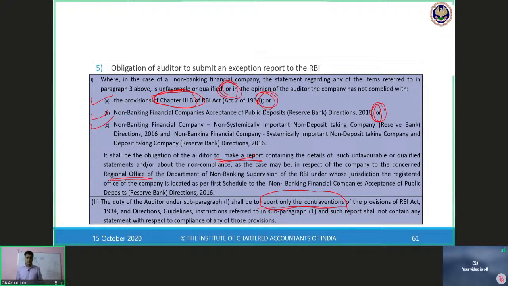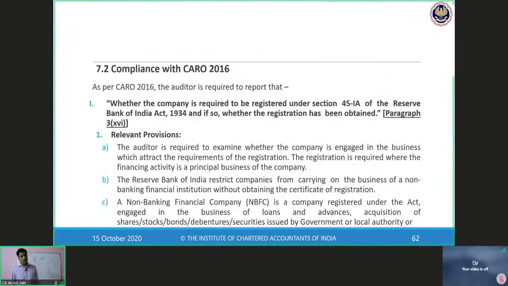No. So auditor will not say there were 100 compliances. I have complied with, the NBFC has complied with 1, 2, 3, 4, 5, 6, 7, 8, 9 have not been complied with. 10 is complied, 11 is complied. No, it says only the known contravention. Only the contraventions are required to be produced in that statement, which will then be reported to the RBI. That means only the exceptions are required to be reported.